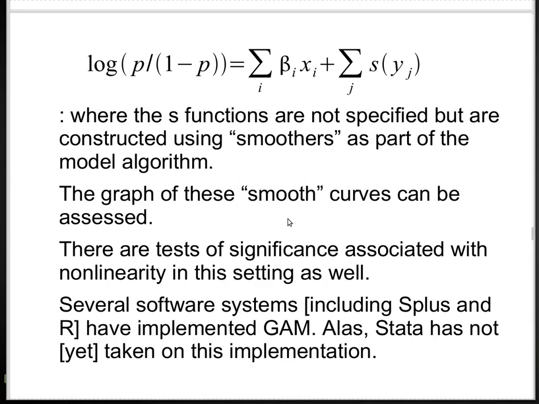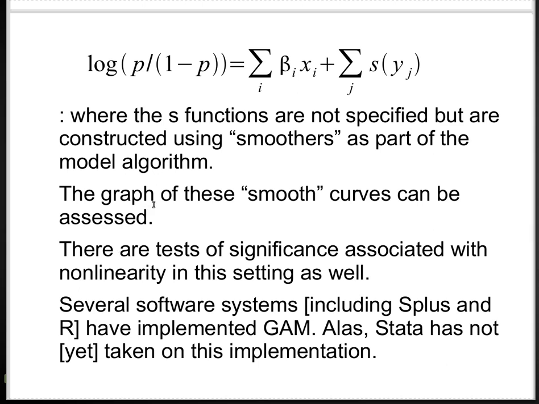So with this approach, we end up with a so-called generalized additive model, which may include regression coefficients in the usual sense for a certain set of explanatory variables, the x's, but we use things called smoothers for another set of explanatory variables. Unfortunately, Stata does not yet, to my knowledge, have an implementation that's directly usable for generalized additive models.